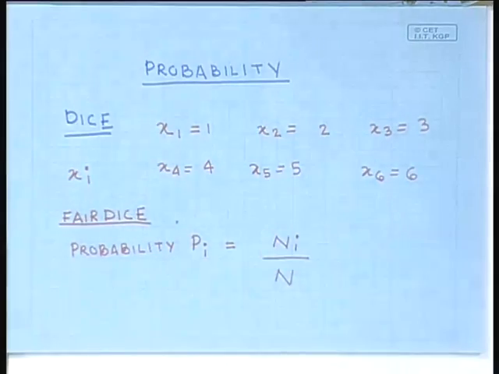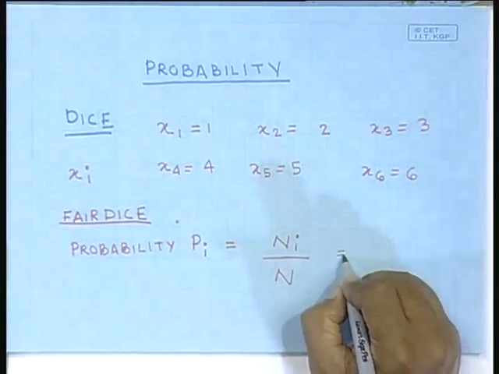This is how you can determine the probabilities associated with each of these 6 outcomes, and for a fair dice the probability for any of these outcomes is exactly the same. So, this is going to be exactly equal to 1/6.